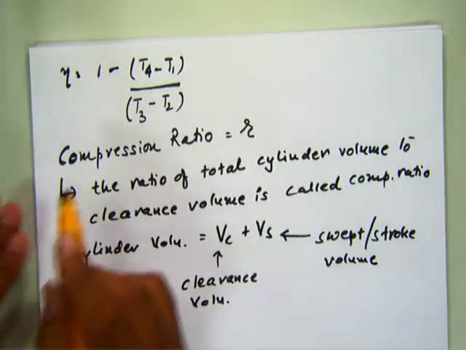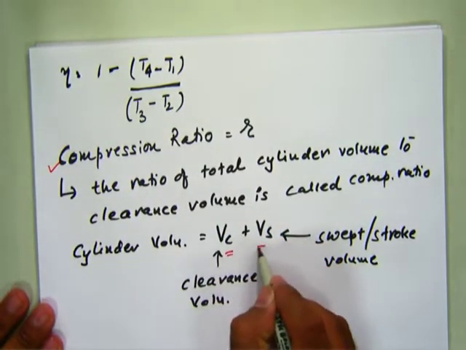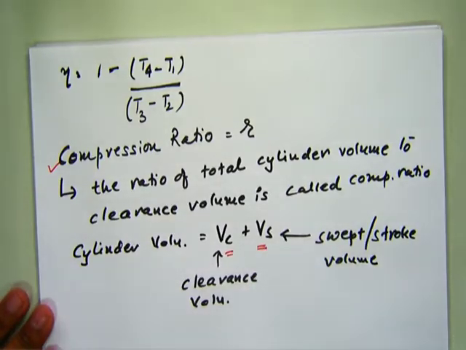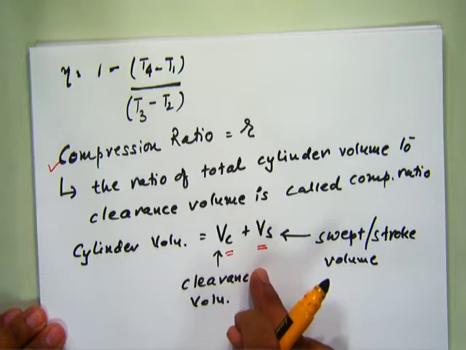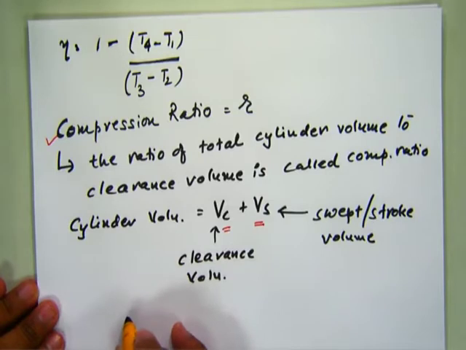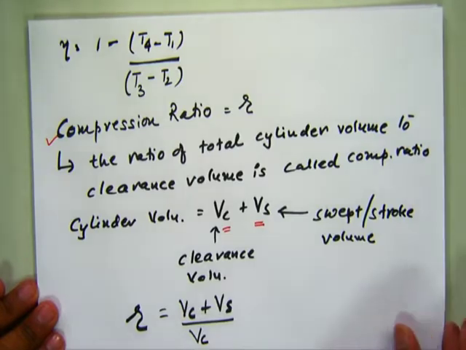For this entire compression ratio, Vc and Vs, you will learn in more detail during the IC engine. In our case, for cylinder volume we are taking Vc plus Vs. So R is equal to Vc plus Vs upon Vc.